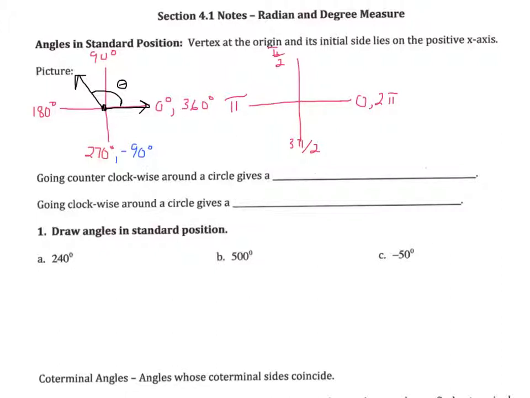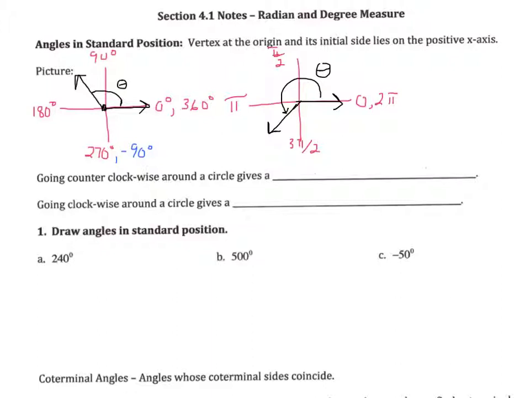And so radian measures work the exact same as degree measures. Our initial side is always on the positive x-axis, and then our angle will end up somewhere else. So let's put them here for this picture. And so our angle will start at the initial side and come around to the terminal side, and that would be our angle theta.